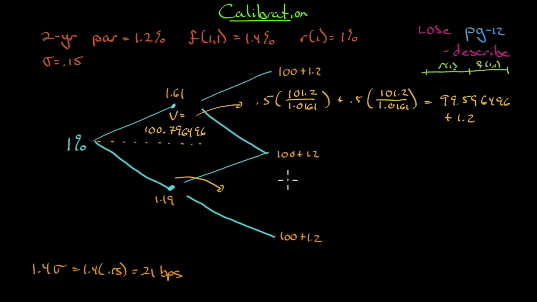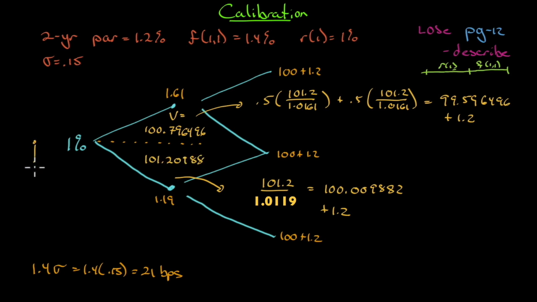We'll do the same thing here. And this time I won't do the whole thing. All we have to do is just discount one of these back, 101.2 over 1.19, because why take half of that and then do the same thing and take half of it to get again, right? This will give us 100.009882. We will add our coupon payment of 1.2 over here, 101.20988.